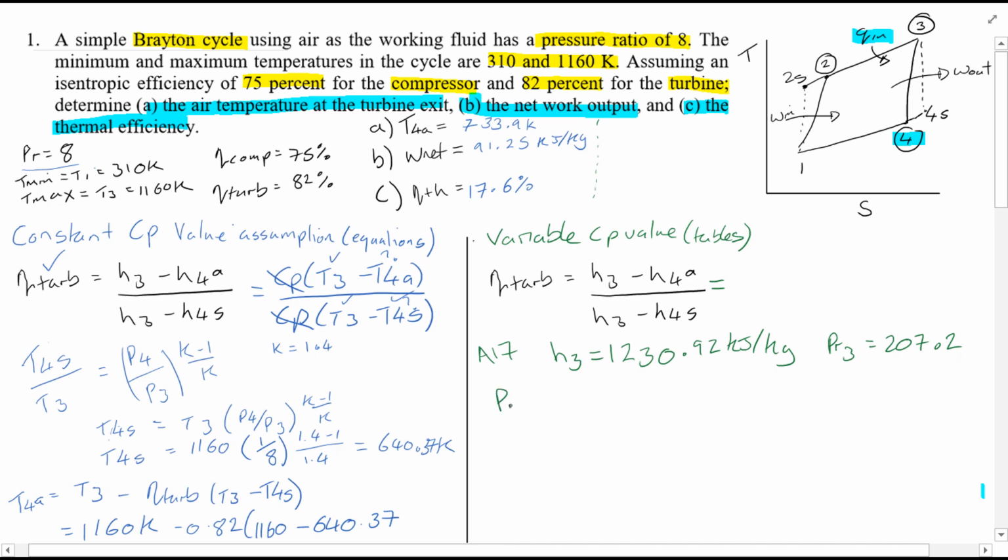Now we know that PR4 over PR3 is equal to the pressure at 4 over the pressure at 3, which is equal to 1 over 8.